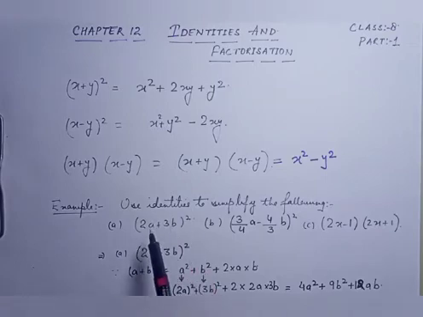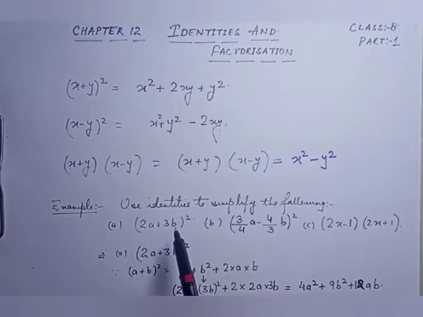The first is (2a plus 3b) to the whole power 2. So over here you can assume 2a as a and 3b as b. So, as we all know the identity, (a plus b) whole power 2 is equal to a square plus b square plus 2 into a into b.